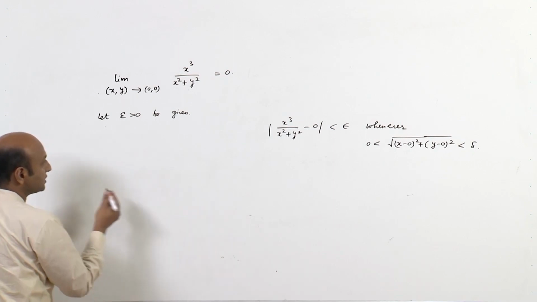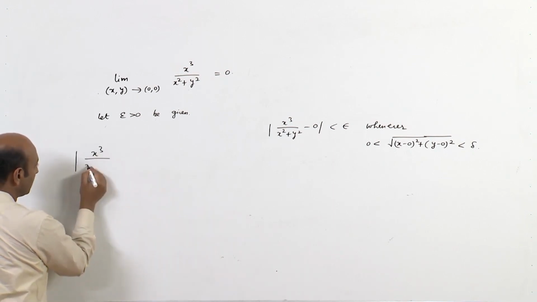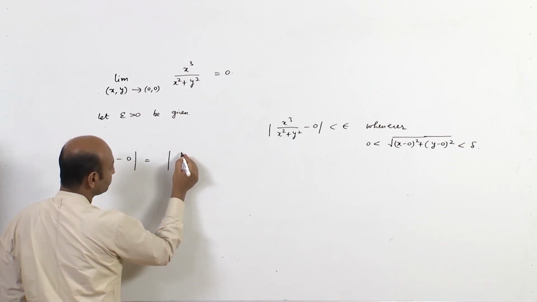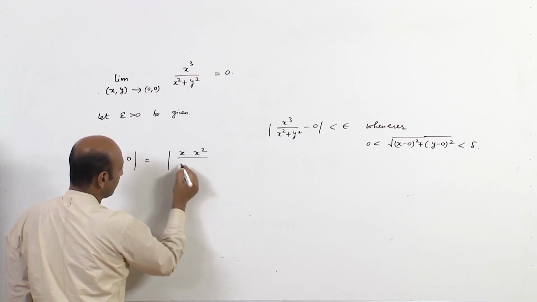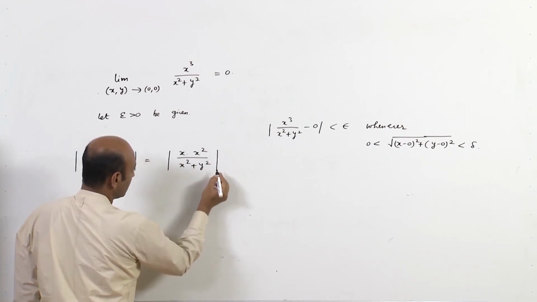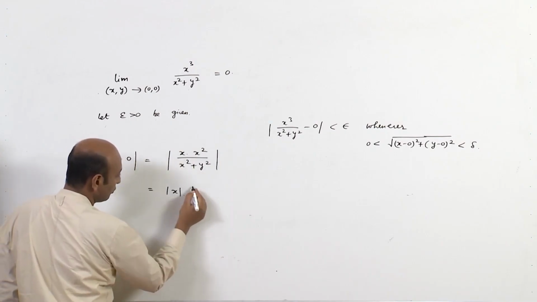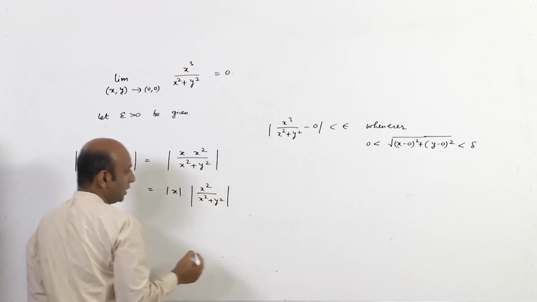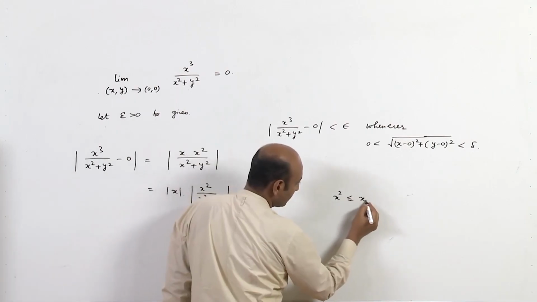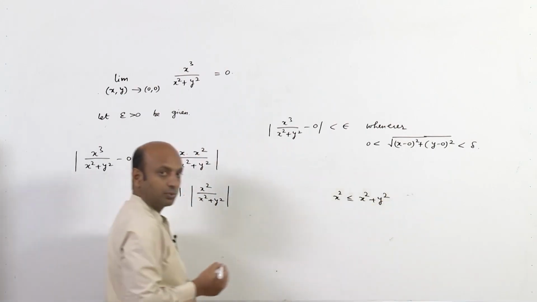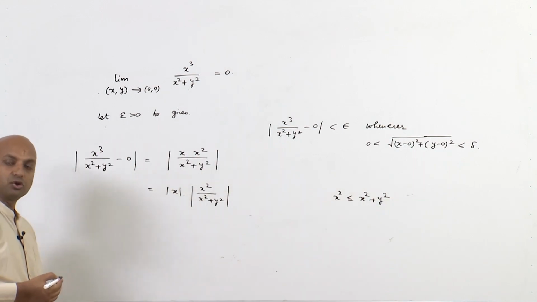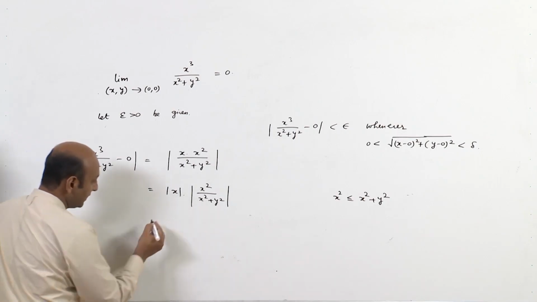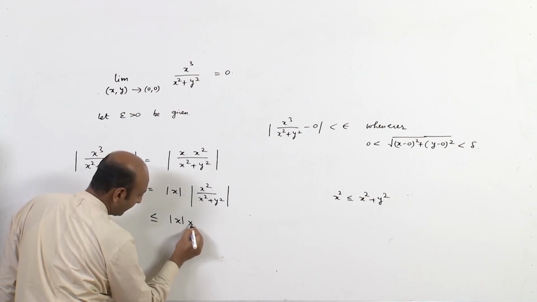Now, we take this expression, mod x cube upon x square plus y square minus 0. This equals mod of x into x square upon x square plus y square, which further equals mod of x into mod of x square upon x square plus y square. Now x square is always less than or equal to x square plus y square. So x square upon x square plus y square is always less than or equal to 1, and it is also a non-negative quantity. So we can say that it is less than or equal to mod x into 1.